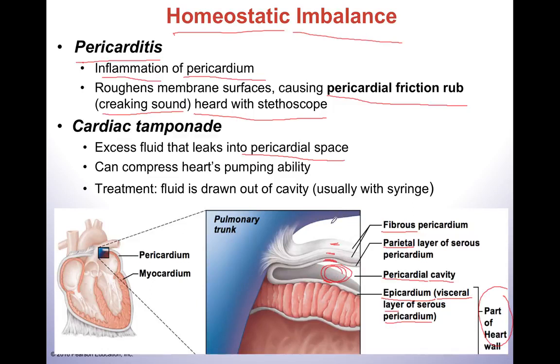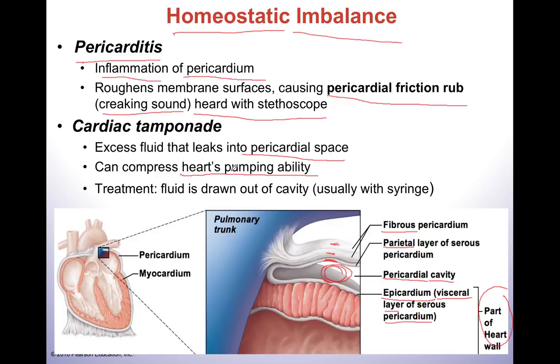But if you have excess fluid, I should say there is excess fluid basically surrounding the heart. I mean, that's the best way to put it. And that decreases the ability of the heart, because it starts to push down on the heart, and the heart will not be able to pump as effectively.